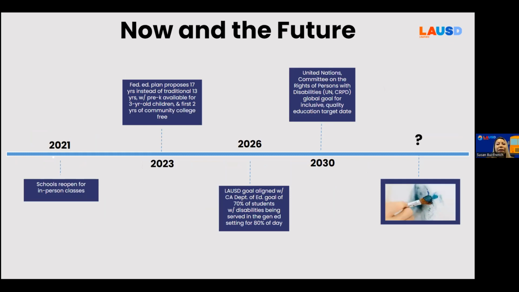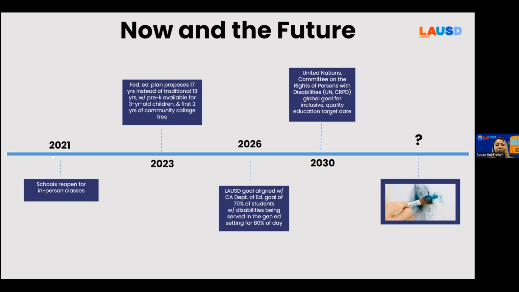Okay, so now in the future, in 2023, the Federal Education Plan proposes 17 years instead of the traditional 13 years, with pre-K available for 3-year-old children and the first 2 years of community college free. Now in 2026, LAUSD goals aligned with the California Department of Education with the goal of 70% of students with disabilities being served in the general education setting for 80% of the day.